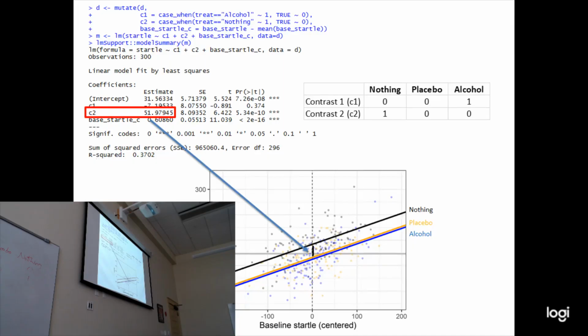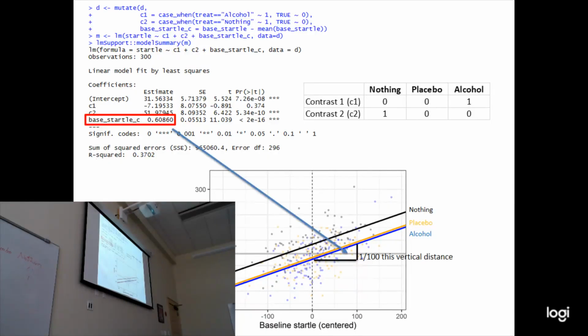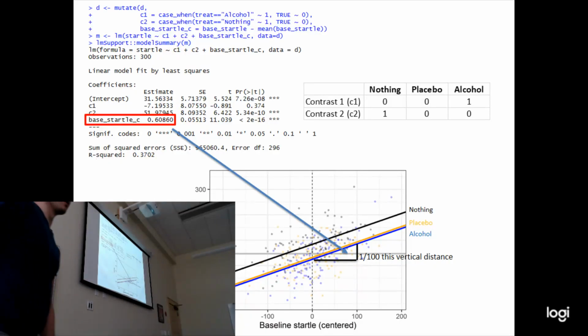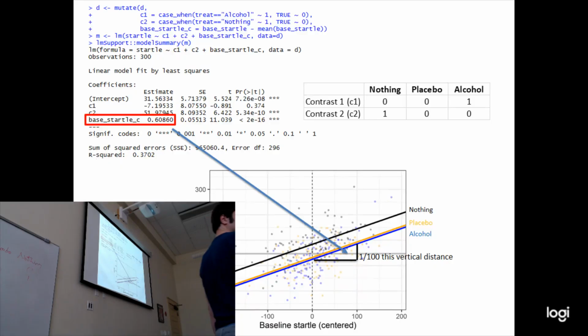It's this vertical difference right here. And I've already talked about the baseline startle effect. It's the slope of any one of these three lines, if you plot it on the x-axis.